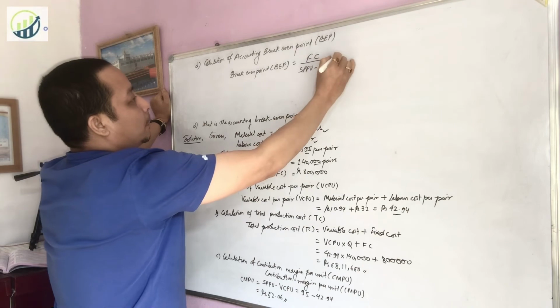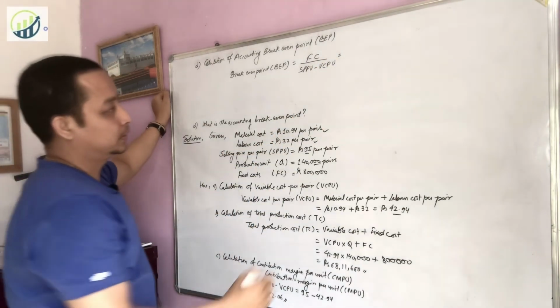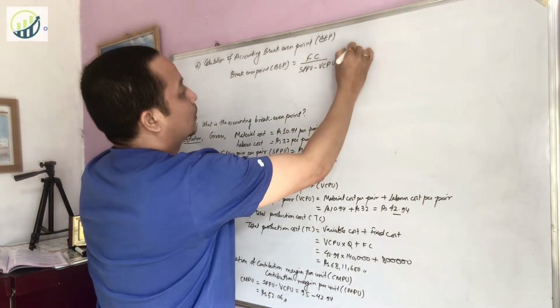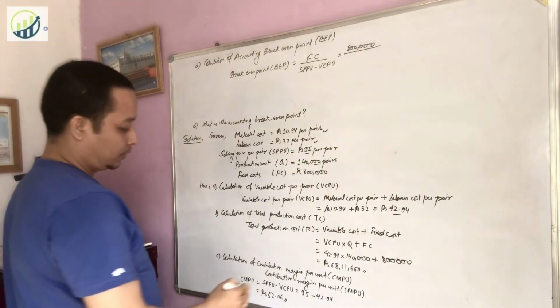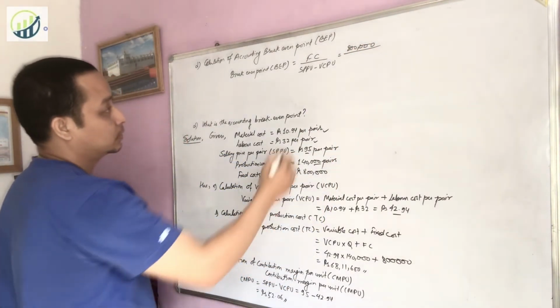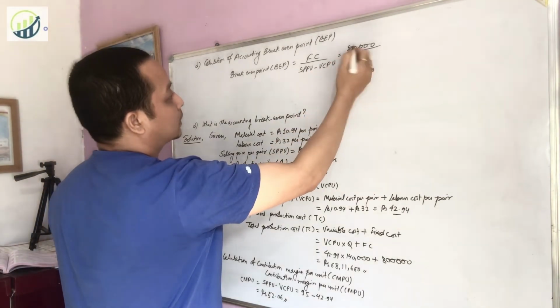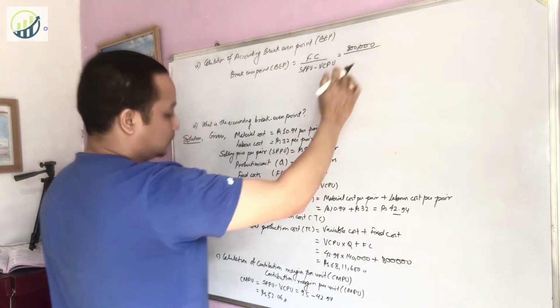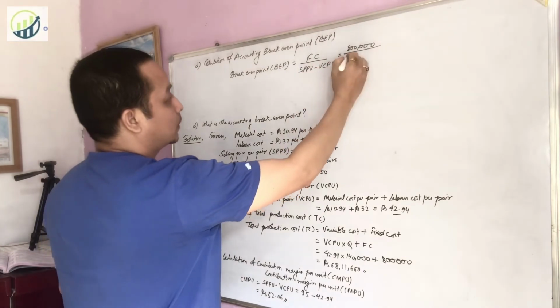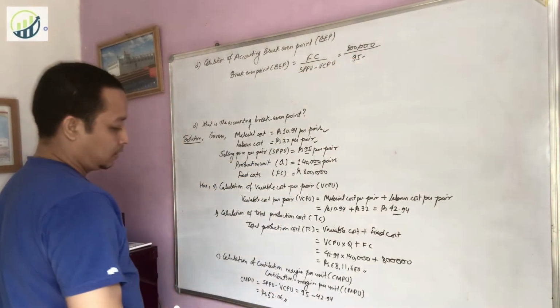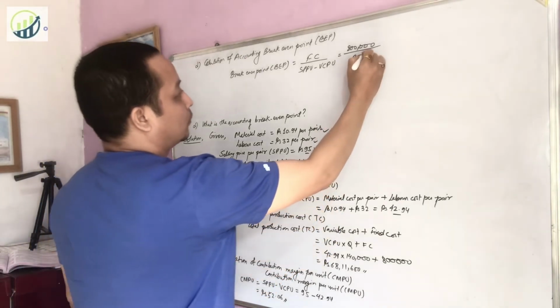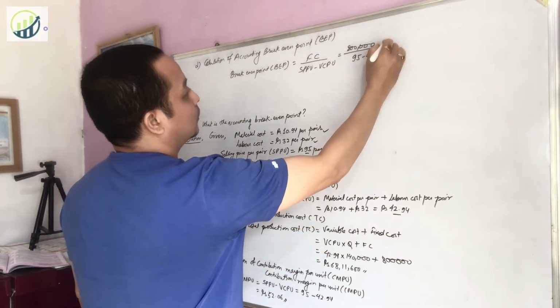So here fixed cost is rupees 8 lakh, selling price per unit, or you can write here contribution margin per unit also, but let's write the value of selling price per unit. Selling price per unit is 95 and variable cost per unit is 42.94.